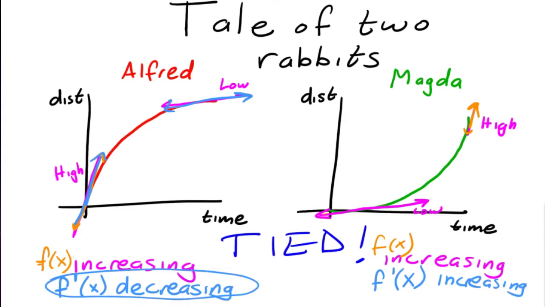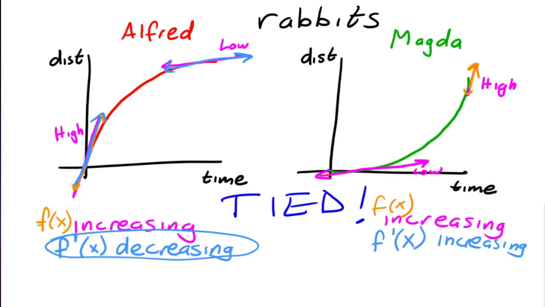So what does that say about the second derivative? Well, if the first derivative is decreasing, that means that the second derivative, or its derivative, is going to be negative. And over here for Magda, if the first derivative is increasing, that means that the second derivative is going to be positive.